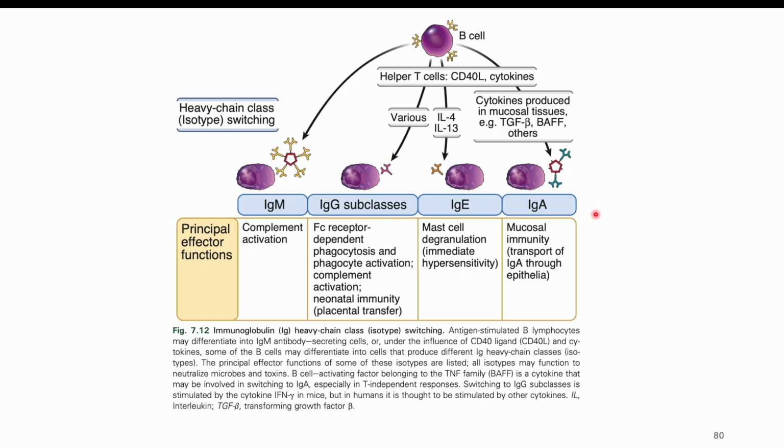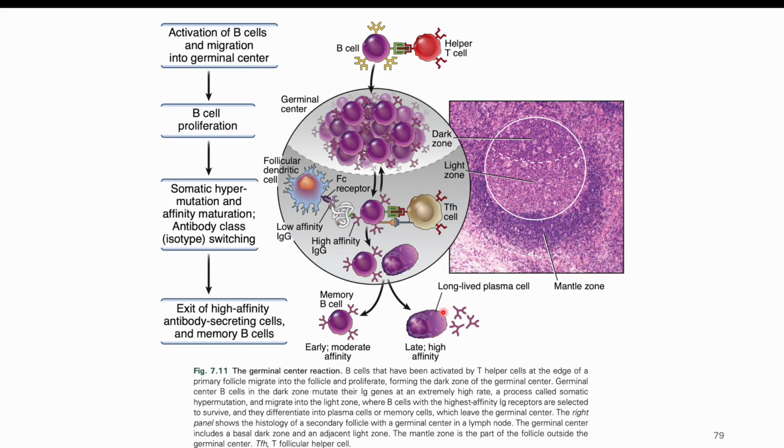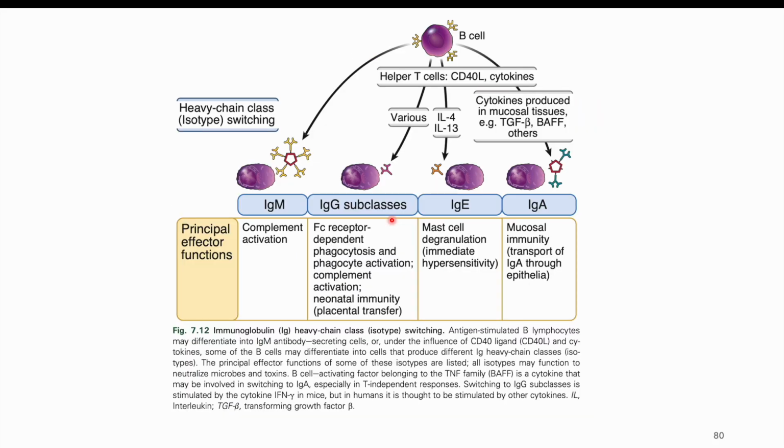Now, immunoglobulin heavy chain class isotype switching. What do we mean when we say that this affinity maturation will take place or specific antibodies will be made? How will they be made? Again, anything which is being made by the cell will need specific signals or specific signaling molecules to make sure that particular work is happening.